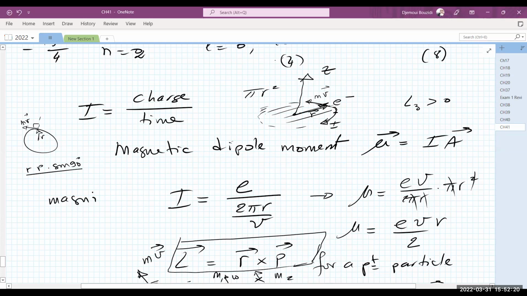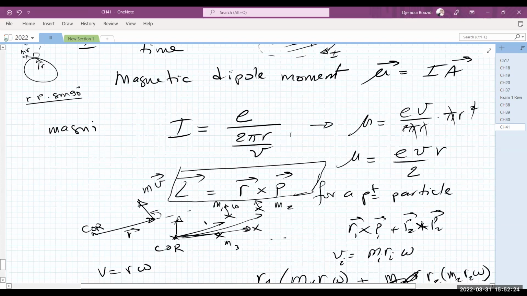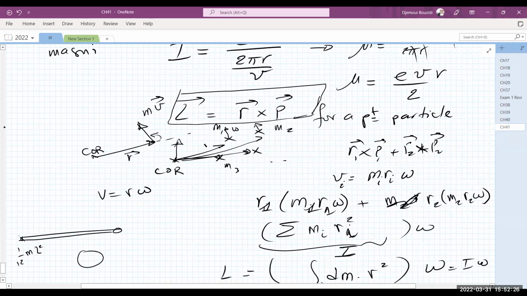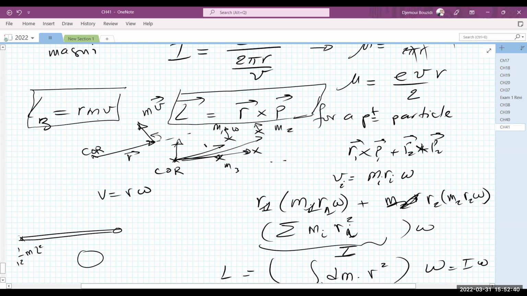So Lz, that's what I'm concerned with. Lz for this particle is going to be r times mv. Make sense, at least through this formula?